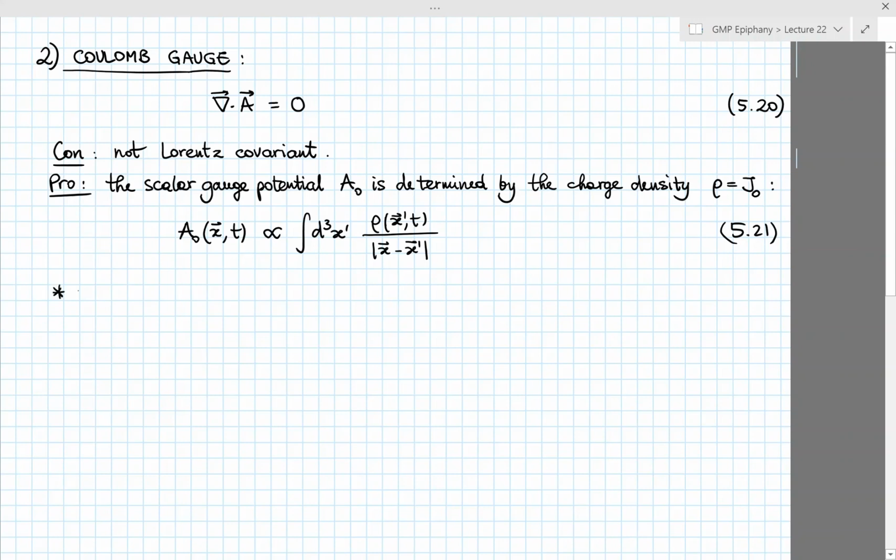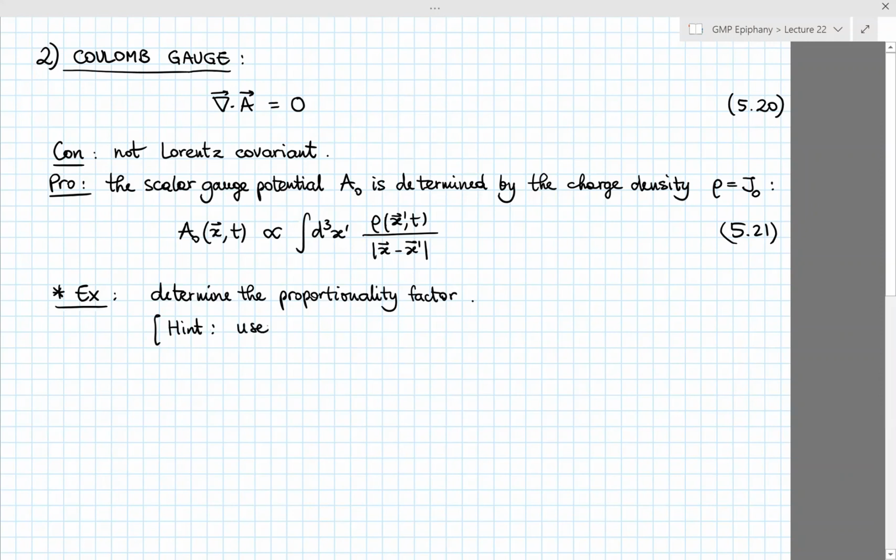And as an exercise, please determine the proportionality factor. And a hint for that, if you need it, but most likely you will have seen 5.21 earlier in mathematical physics or special relativity and electromagnetism.